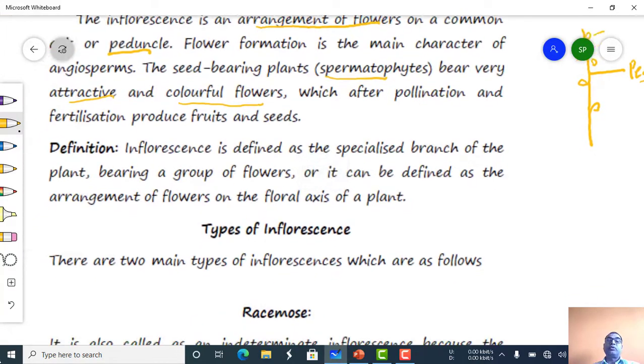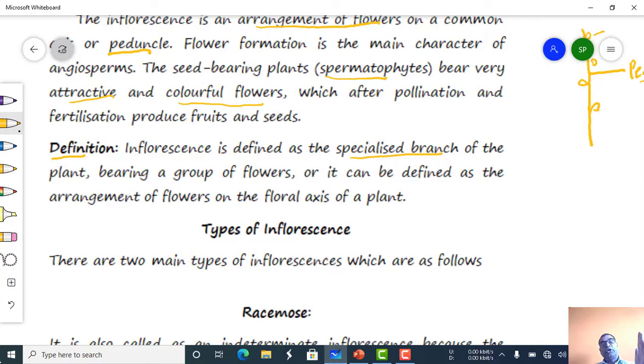Today we will deal about the inflorescence. Just see the definition. Inflorescence is defined as a specialized branch, that means peduncle, the specialized branch of the plant bearing a group of flowers.